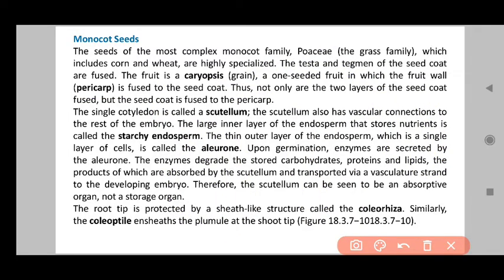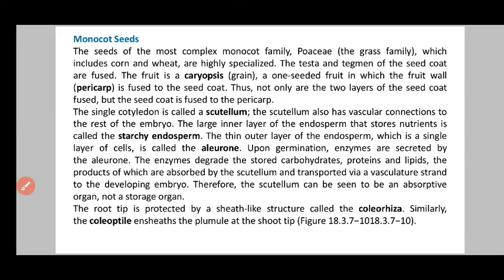And thus not only are one or two layers of your seed coat fused, but the seed coat is fused to form the pericarp. Okay, the single cotyledon is known as your scutellum and scutellum also has a vascular connection with the rest of your embryo. The scutellum remains attached with your embryo.